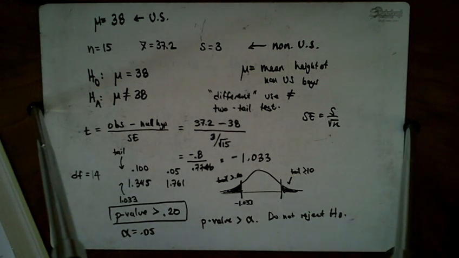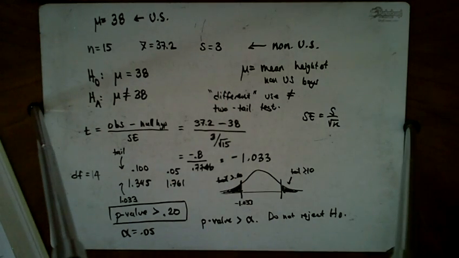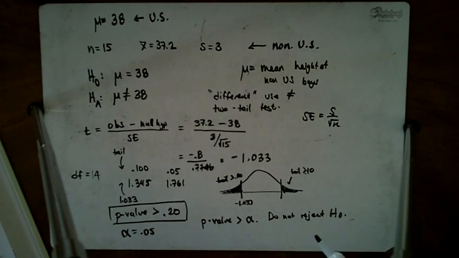the null hypothesis. And this means that after looking at a sample of 15 kids, and I see that the sample average is 37.2, it's not significantly different from 38.